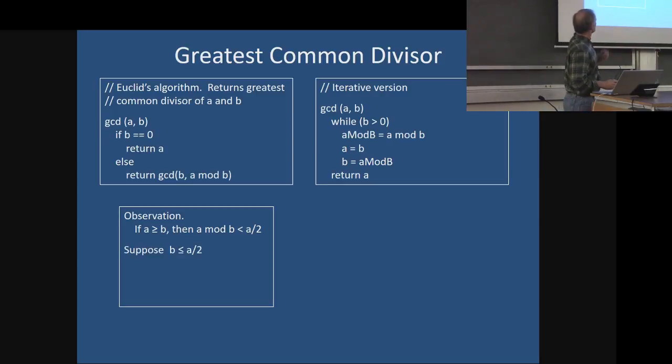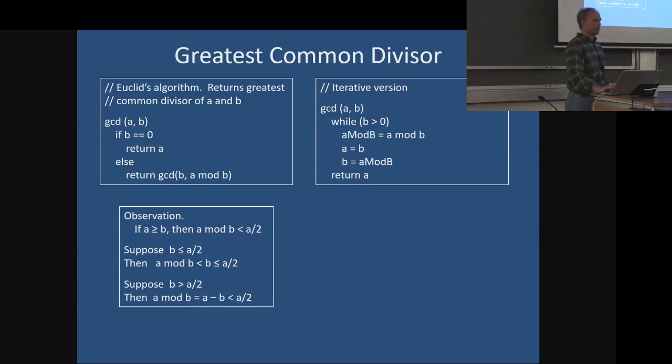Suppose B is tiny, meaning B is less than or equal to half of A. Then the modulus has got to be less than B, which is less than or equal to A over 2. If B is large, then A mod B is just the difference of A and B. Since we're assuming B is greater than half of A, what's left over is going to be less than half of A.